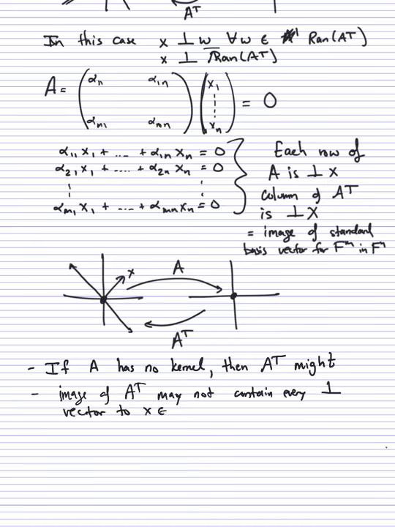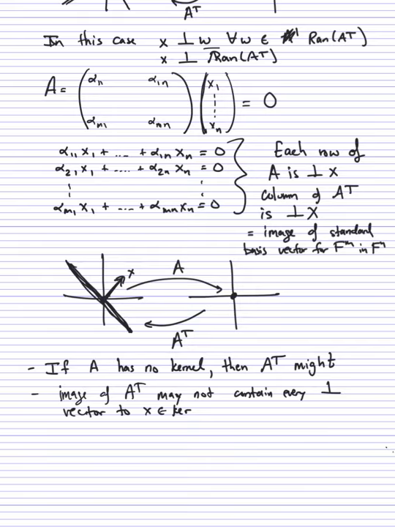Okay. So in other words, I have this vector x. I can look at all vectors that are orthogonal to it. I know the image of A transpose gets sent into there, but in general, you don't really have any control of how large the image of the subspace is. Well, it turns out you will have some control, but it might not be everything.